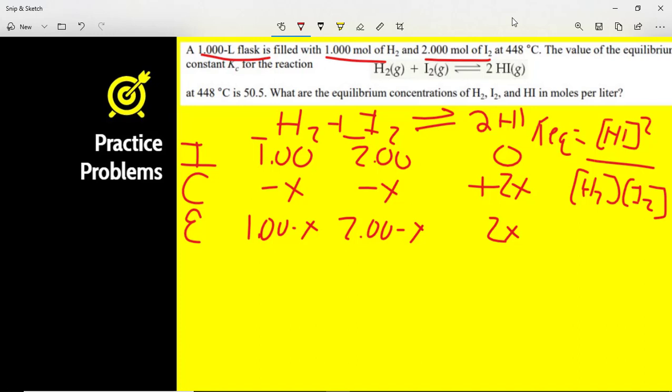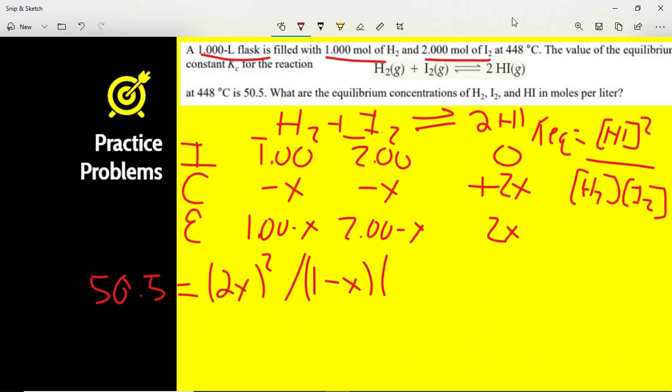This is where it gets complicated because you're going to have a lot of squares in there, and you're probably going to have to use the quadratic formula to solve for X. So 50.5 equals 2x squared divided by 1 minus x times 2 minus x.